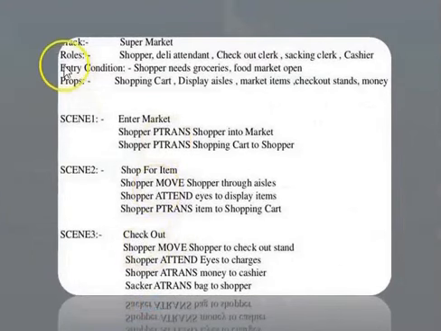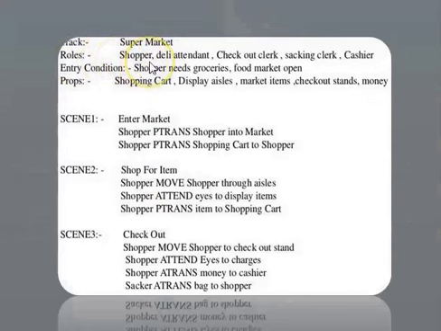Let's see an example. We are taking the track as a supermarket. So the actions or events taking place in a supermarket can be discussed here as a track, or we can describe the script as the activities taking place in a supermarket. The roles mean the persons who are involved in this supermarket.